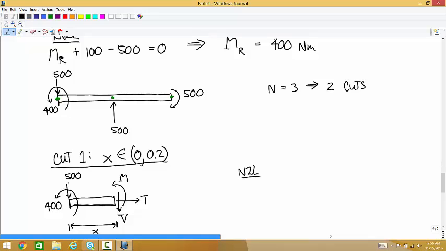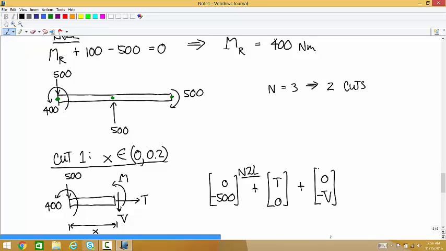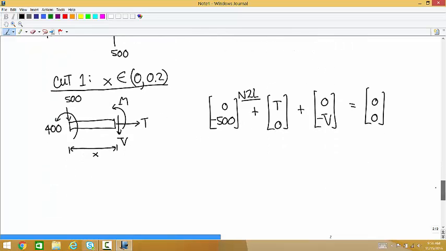So Newton's second law says there's a 500 Newton force down. There's T in the positive x direction. There's V in the negative y direction. And you can solve for those.